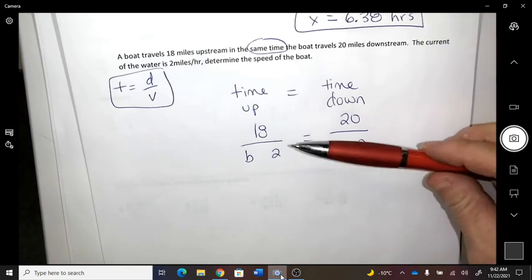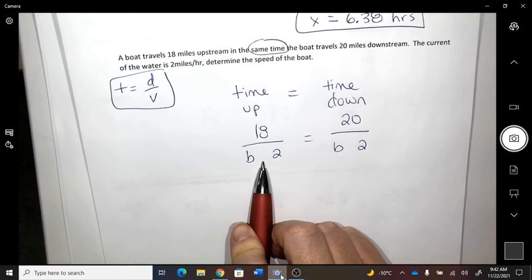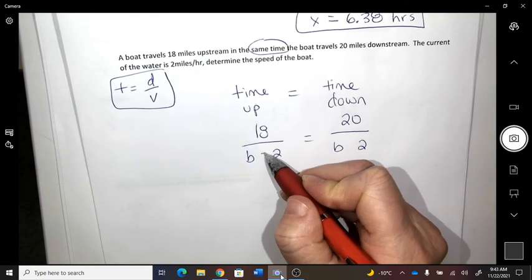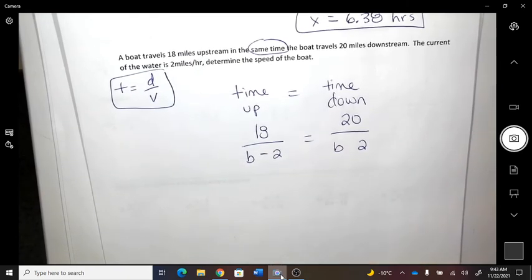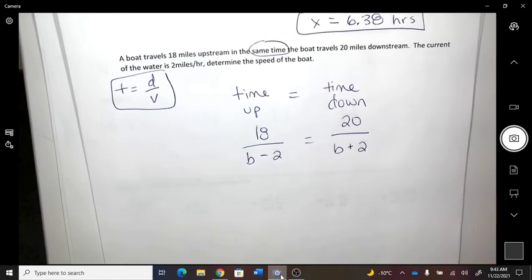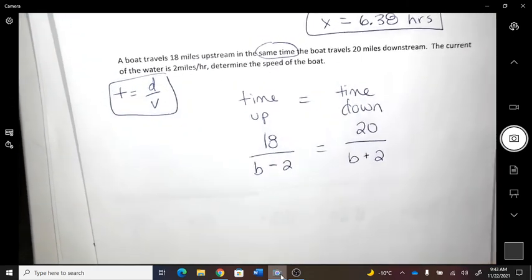Okay, going up, what do you want to do with this number? Add or subtract upstream? Subtract. When you're going up the stream, it's slowing you down. When you go downstream, it's speeding you up. So I'm picking a method here.